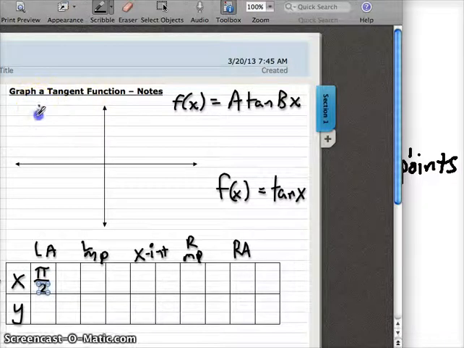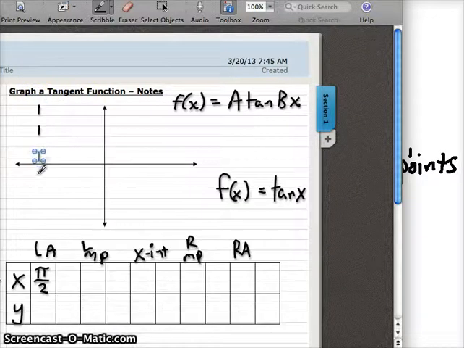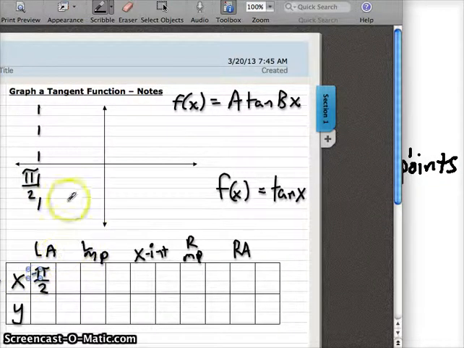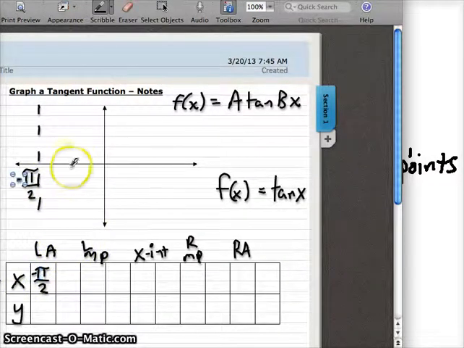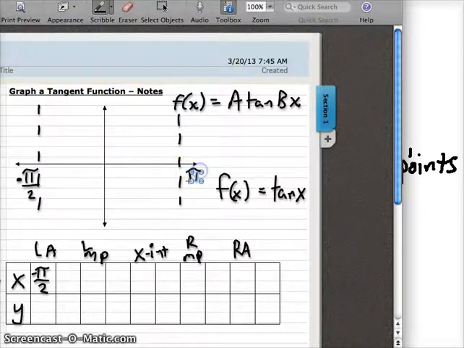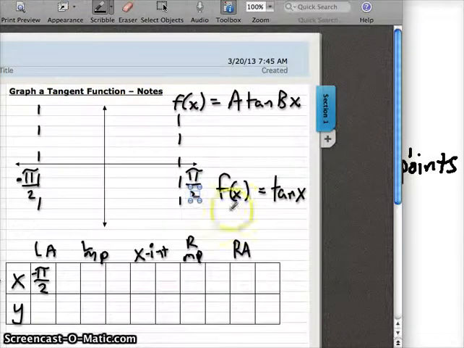I can draw that on my graph using a dashed or imaginary line at the value where it crosses our x-axis. And that value is negative pi over 2. My bad. The left value would be negative. Okay. The right asymptote is going to be the same, but positive. So at positive pi over 2, I have my right asymptote.